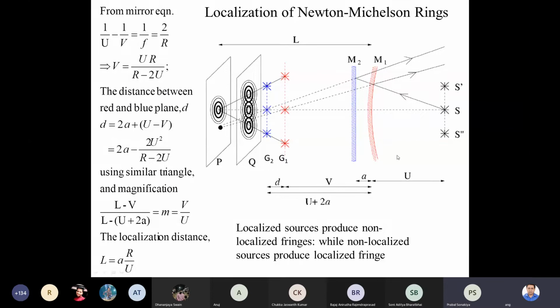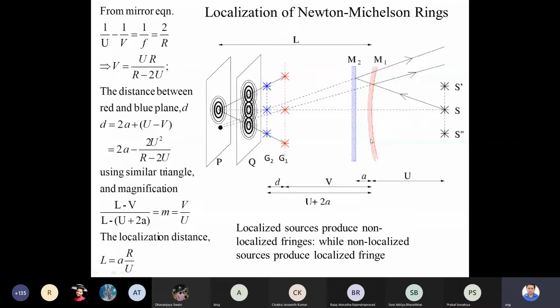No, this is just a realization. You can combine these two experiments and realize them through a simple setup of two mirrors. Suppose you change the distance between the plane mirror and the curved mirror. This A is variable. If the two mirrors are touching, then you have the Newton ring experiment. If you have a gap, then you have the Michelson ring experiment.